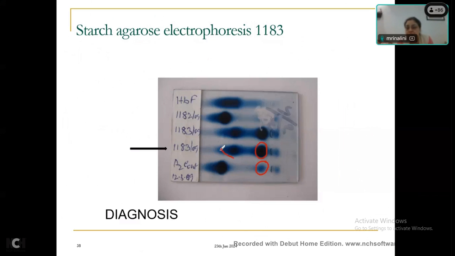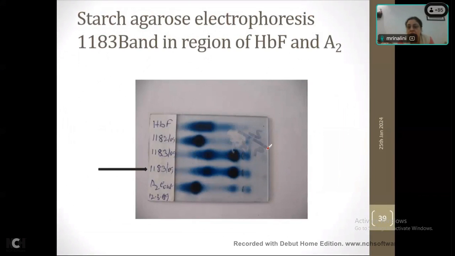And HbA is totally absent here, and what you are getting is HbF, and a very high hemoglobin which is eluting in HbA2. So can you still think of something else apart from thalassemia major?